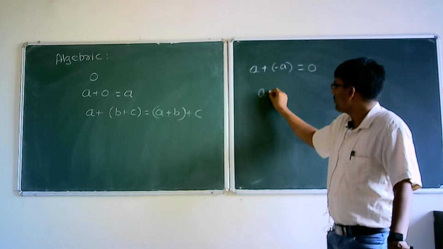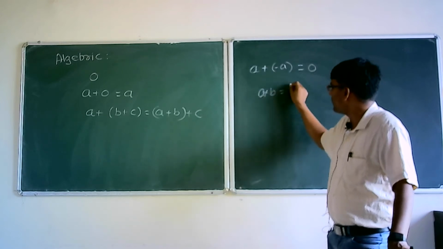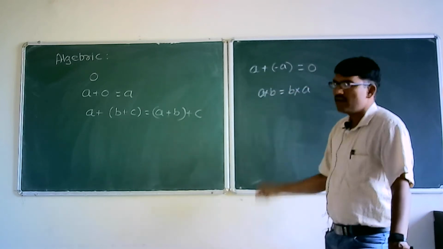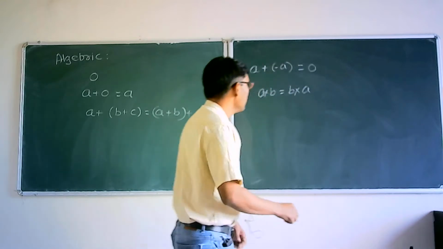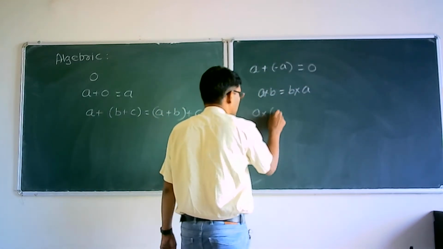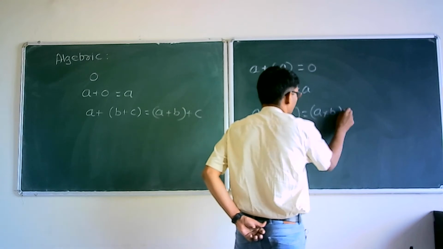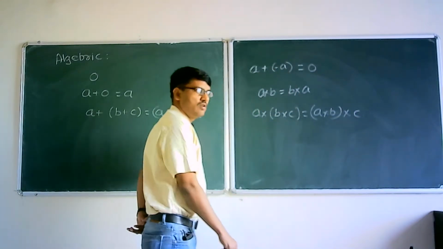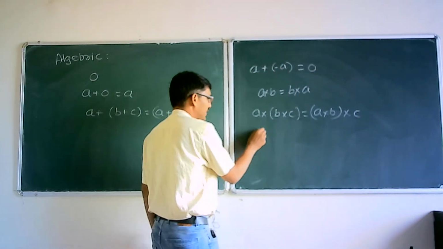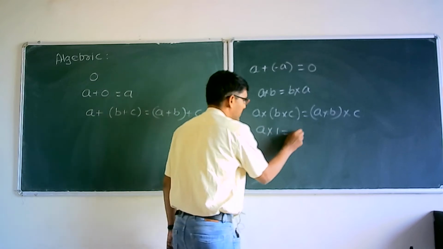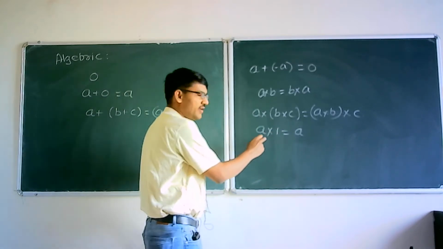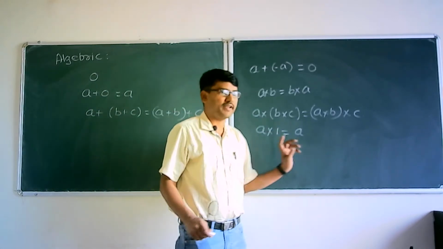Again, a dot b, a times b, is the same as b times a. Then a times b times c is the same regardless of grouping. This is called the associative property. Again, there exists a number 1 such that if you multiply any real number a by 1, the output is again a.